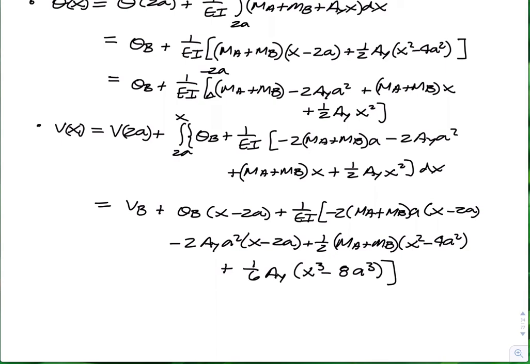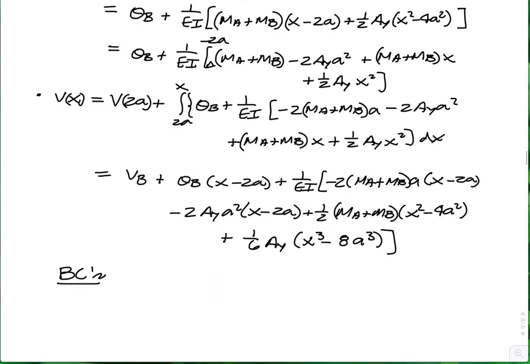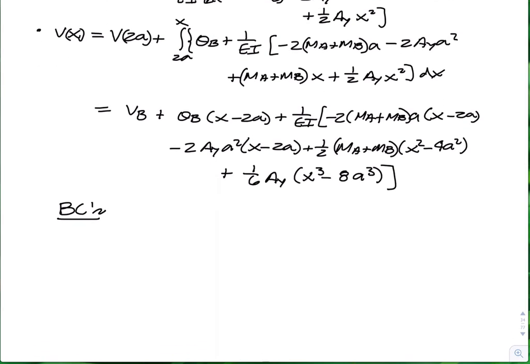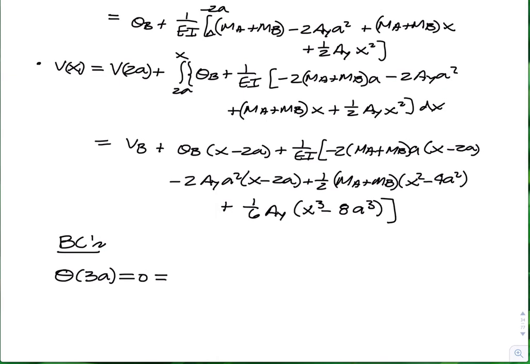So what we need to do is now enforce our boundary conditions. So our boundary conditions are that theta at 3a is equal to 0. There's a wall there.